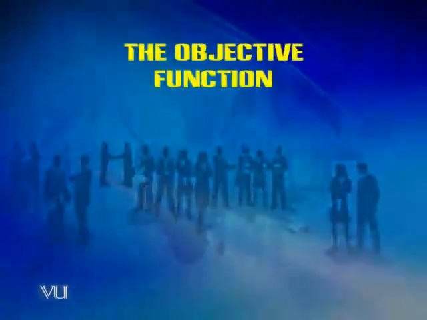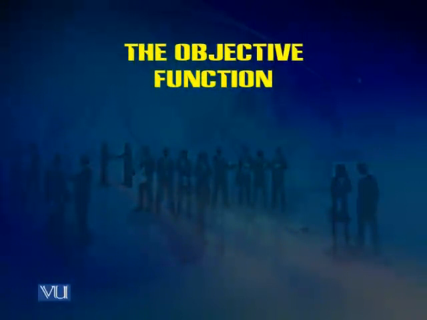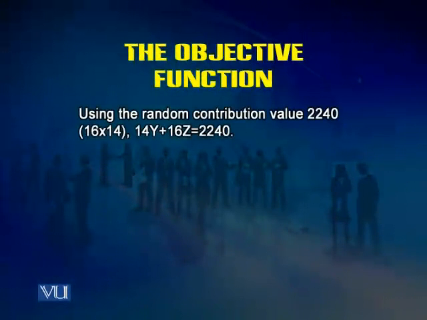This is going to make the arithmetic easier, and 2240 will be divisible by both 14 as well as by 16. Using the random contribution value 2240, which is 16 into 14, our objective function is 14y plus 16z is equal to 2240.